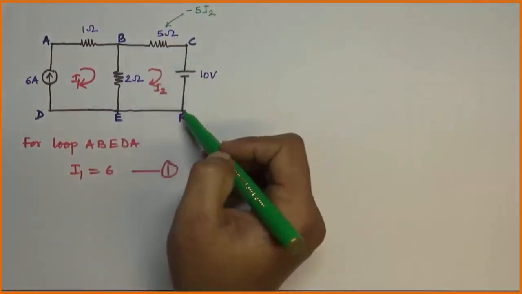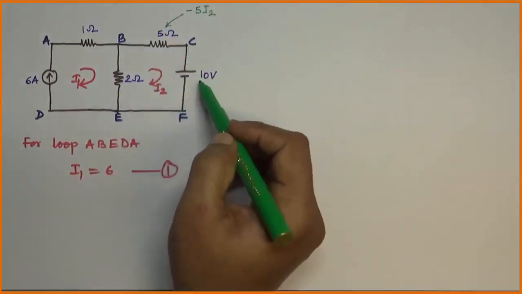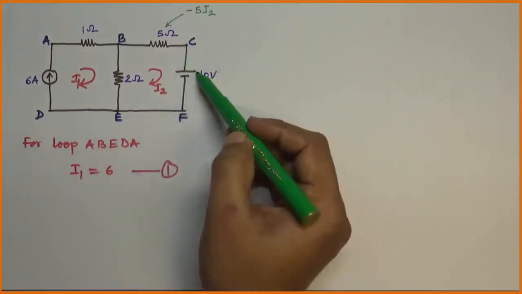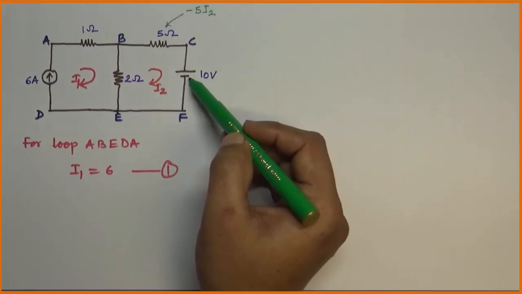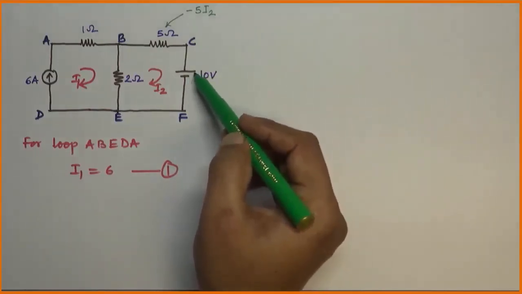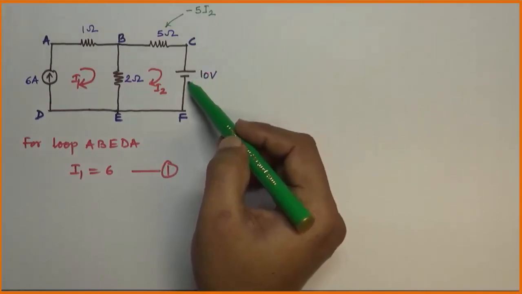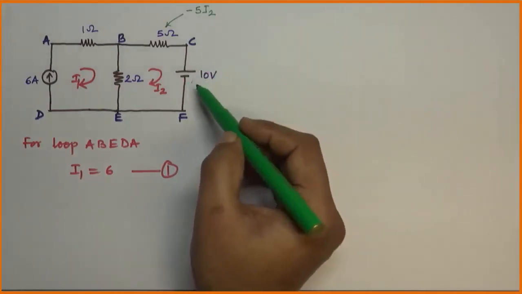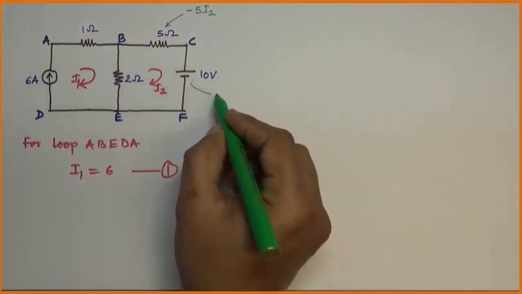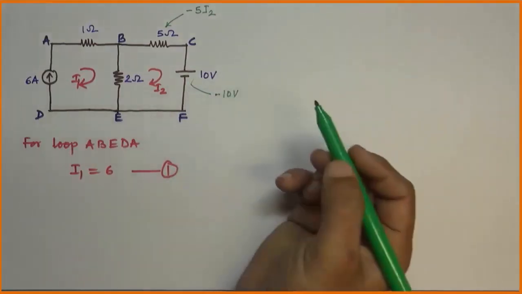Then from C to F we have a voltage source. Moving from C to F, the first terminal appears to be positive and second terminal appears to be negative. So we are moving from positive potential to negative potential. Hence, as per sign convention, this 10 volt will be indicated in equation as minus 10 volt.